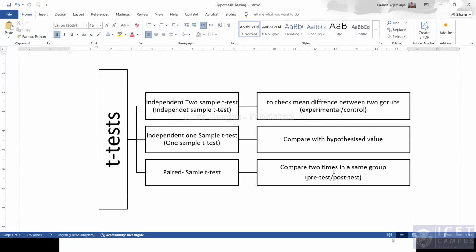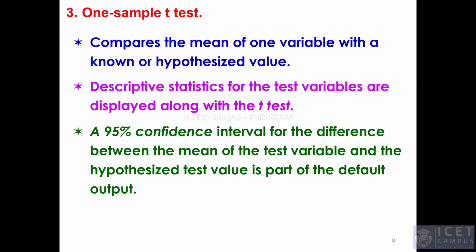Suppose the average of the national level marks of the mathematics subject is 62, right? Then we can compare with that value 62, to check whether there is a difference from the hypothesized value, which is a constant value. So if you are checking against a constant value, we can go for this one sample t-test, right?